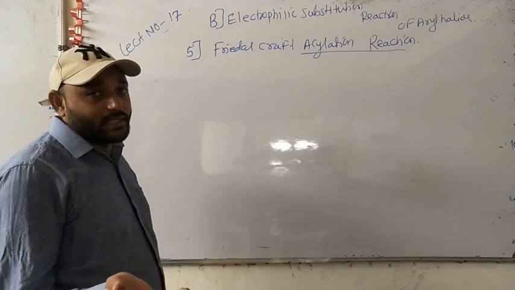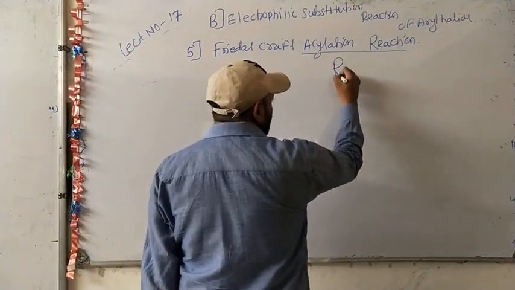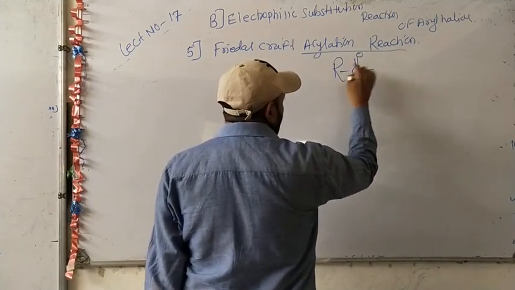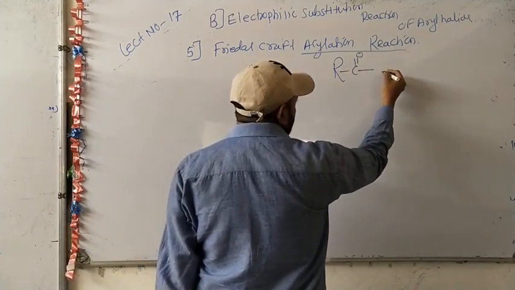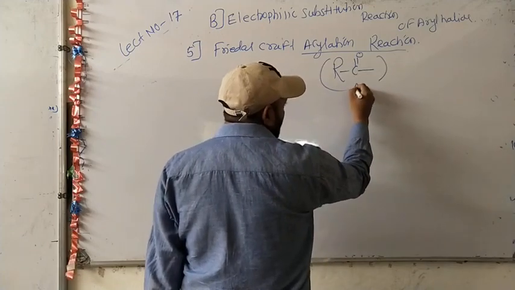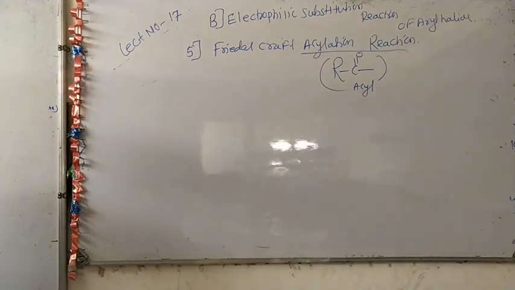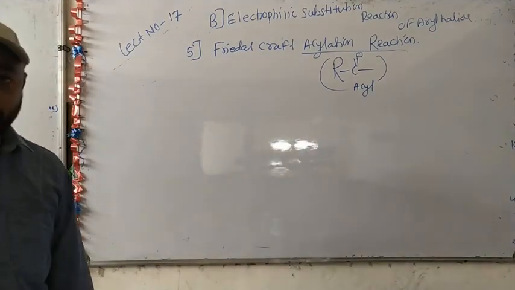Just as in alkylation we introduce an alkyl group, in acylation we introduce the group RC double bond O to the benzene ring. So it is called an acyl group. So we have to introduce an acyl group in the Friedel-Crafts acylation reaction.